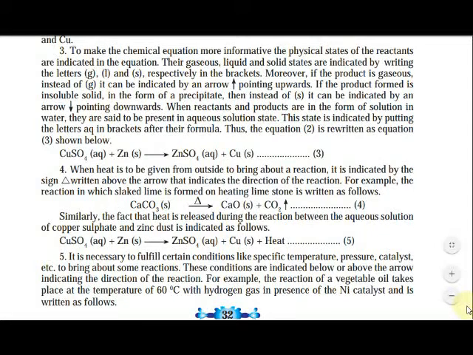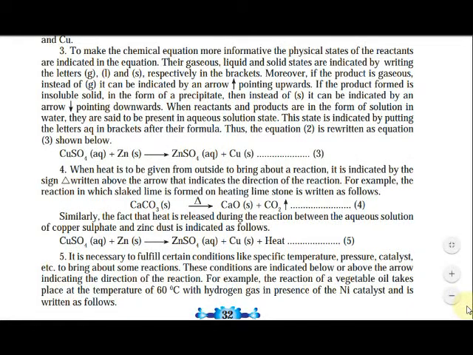Yes or no? For example, the reaction is given: CaCO3, which is in solid state, gives out CaO plus CO2. CaO is solid and CO2 is carbon dioxide gas.